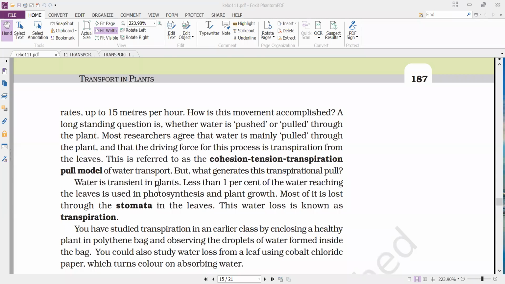And what happens to the remaining 99% of water? Most of it is lost through the stomata in the leaves.